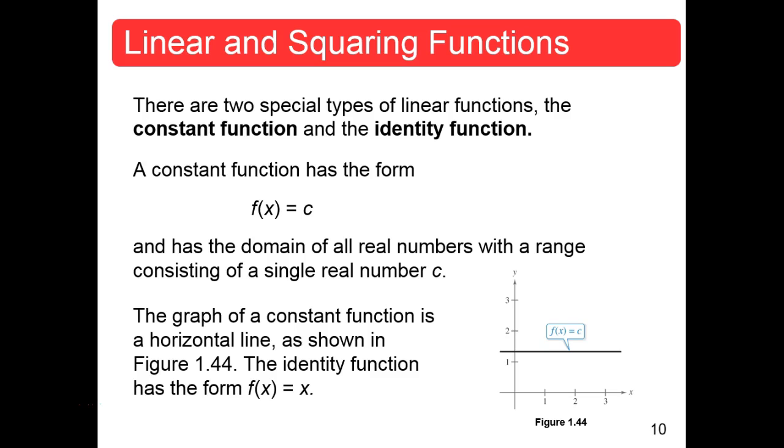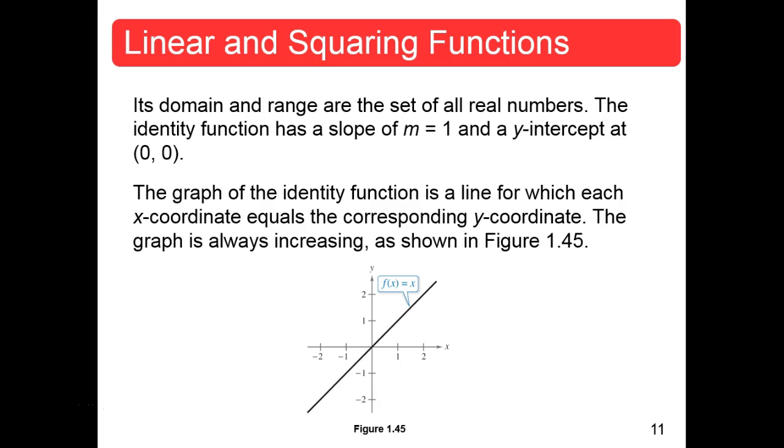Here's the function. Can you tell me the slope? 1. Is that positive or negative? Positive, okay. What's the y-intercept? 0. So guess what? It's going through the origin, y-intercept 0, and the slope is 1. There it is. See it?